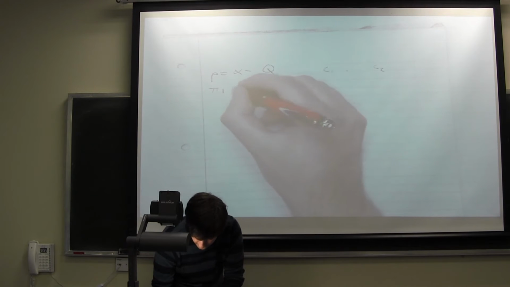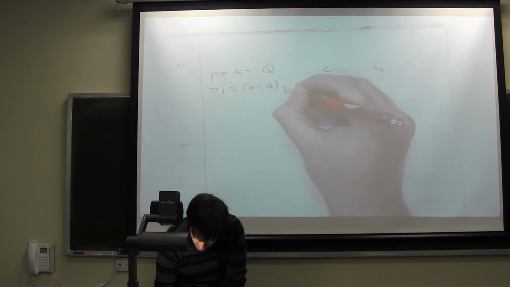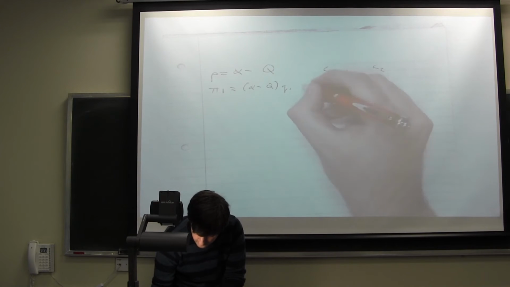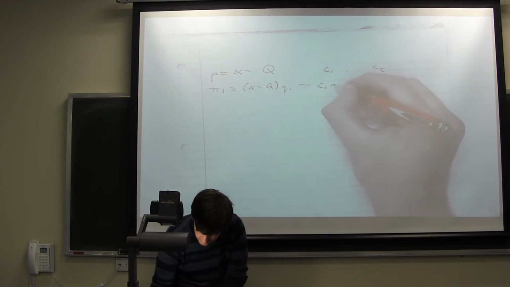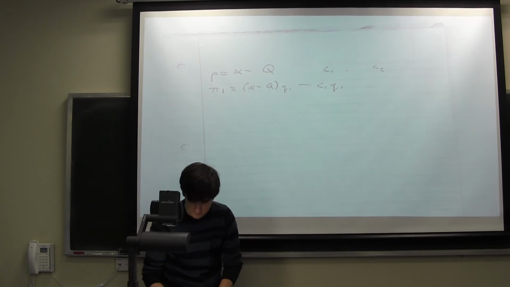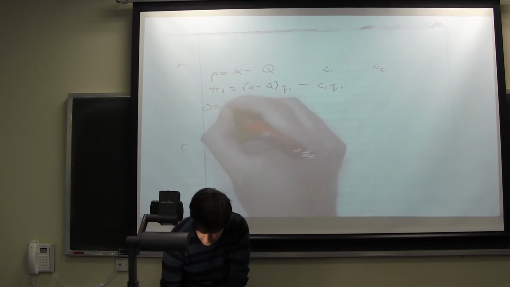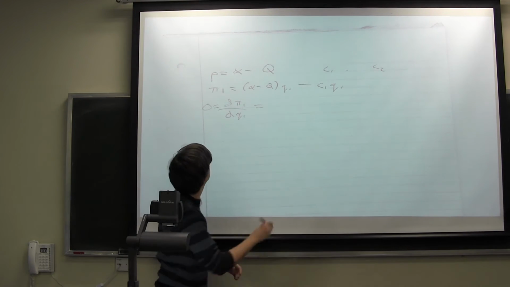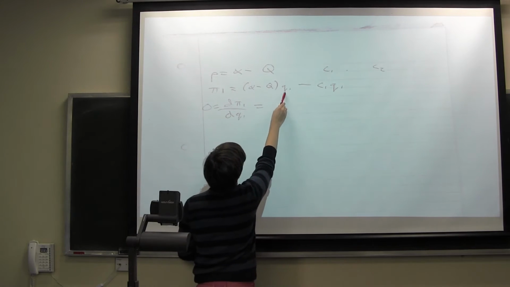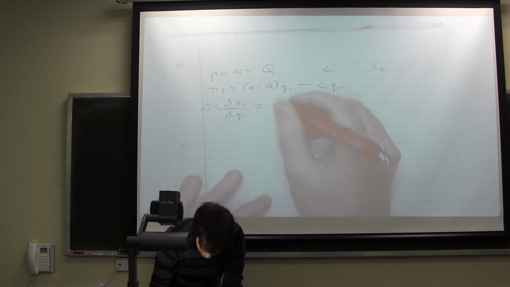Profits for firm 1 are price, so alpha minus q, times the quantity produced by firm 1, which is little q, minus the total cost for firm 1, which is C1 times little q1, where constant marginal cost is C1. So, first order condition, pi1 dq1. That's an alpha, that's a capital Q, that's a little q.